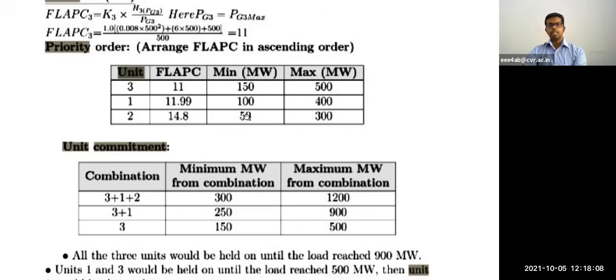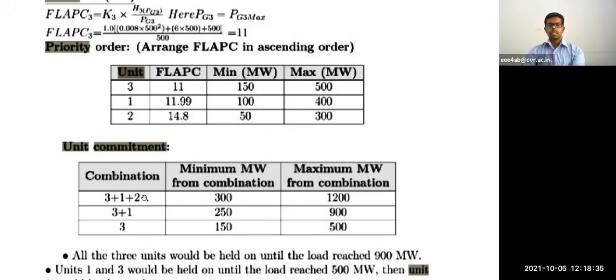So 150 plus 100 is 250, 250 plus 50 is 300 megawatt. Here also you need to add: 500 plus 400, 900, 900 plus 300, 1200. This is the maximum combination, the maximum power generation from this combination, and 300 is the minimum generation.